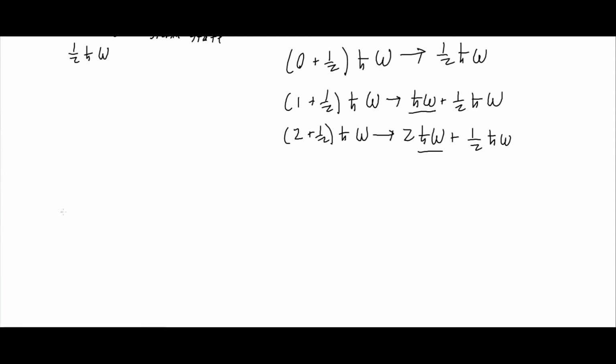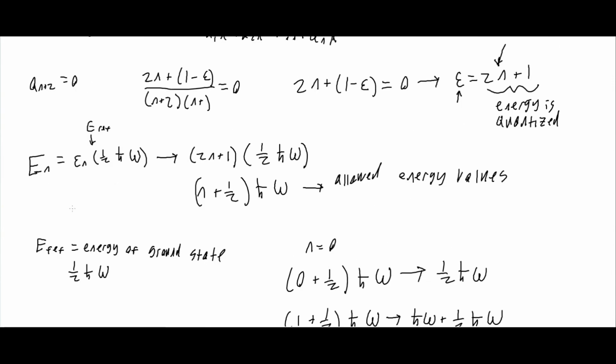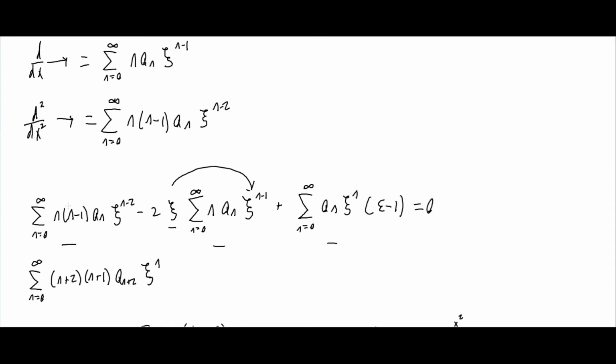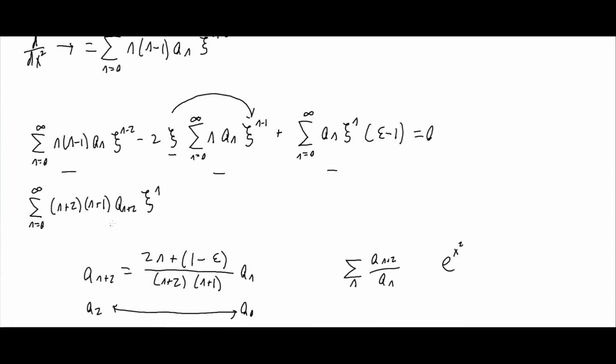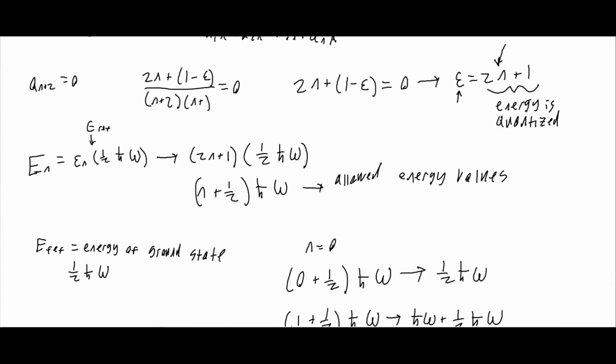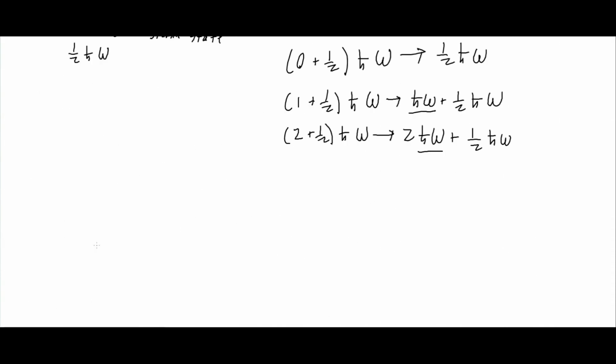So just to give a spoiler, what we're going to end up finding, and you may have guessed this already, is that our functions, these polynomials, so as I said, we wanted our power series to terminate and become a polynomial. Well, those polynomials are going to end up being the Hermite polynomials.